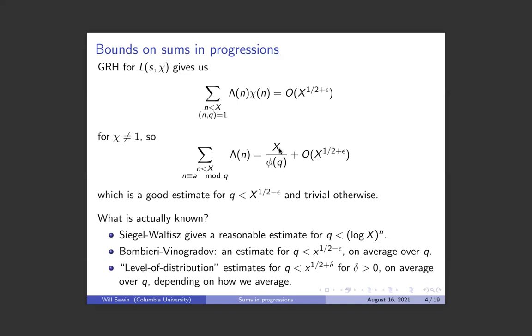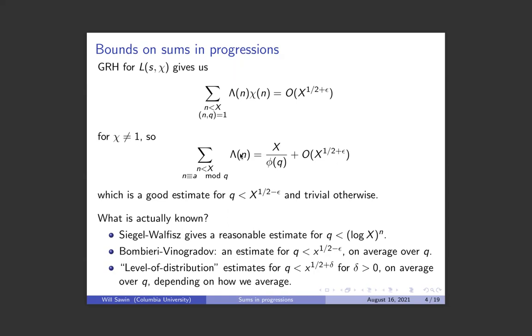One is that the error term is bigger than the main term, and the other is the error term is bigger than the trivial bound you could get just by using that lambda of n is at most log n for any n. So this is not very useful for q greater than x to the 1/2. Other than that, the main drawback of this estimate is that it requires the generalized Riemann hypothesis.